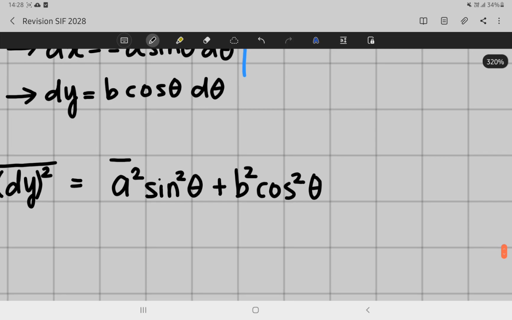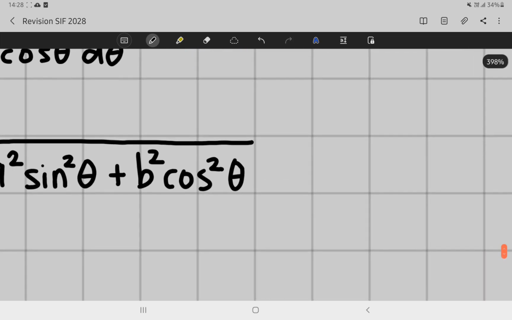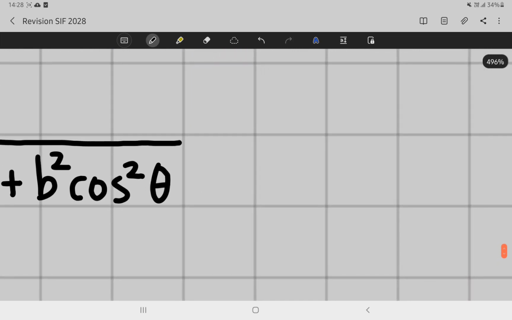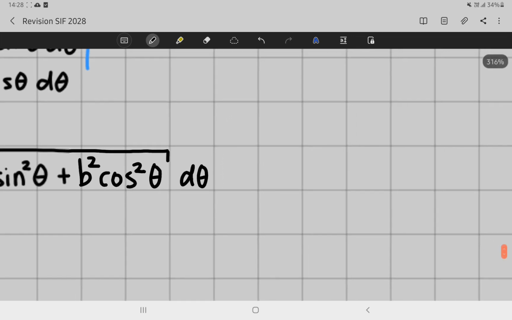Since d theta squared is inside the square root, it becomes d theta outside, in front of the integration.